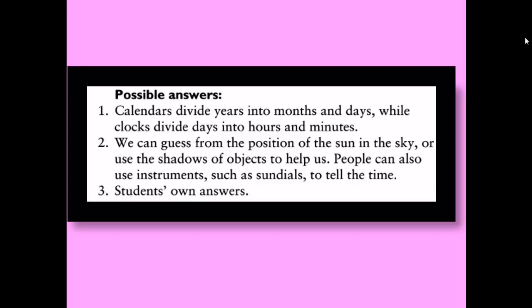Number 2, how can we tell the time from the sun? We can guess from the position of the sun in the sky, or sometimes we use the shadows of objects to help us. People can also use instruments such as sundials to tell the time. And according to the third question, what's a monument? Give some examples of monuments you have seen. Here you can give your answers, my students.